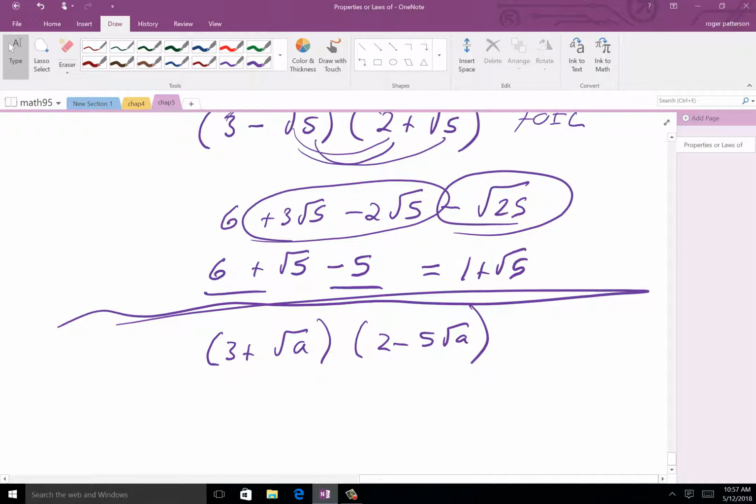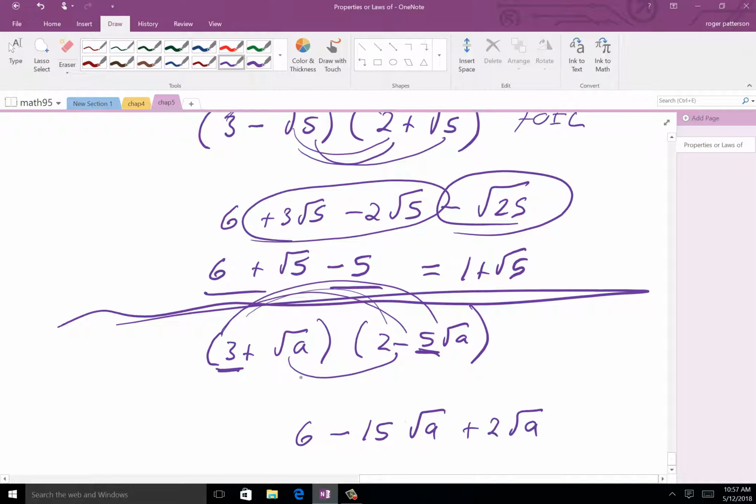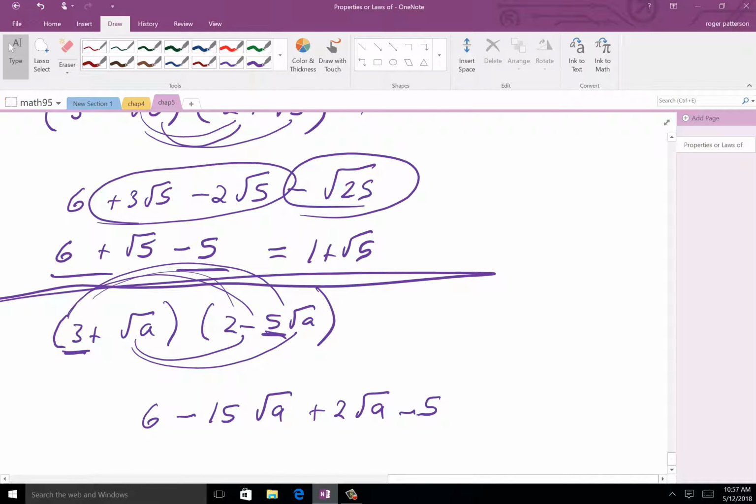Same thing, we're just going to FOIL. 6. Now here we have an outside number and an outside number, so we're going to multiply those two only. Leave that alone. Here I'm going to get to 5, but I have a square root of a and a square root of a. So I'm going to write it like this for now.